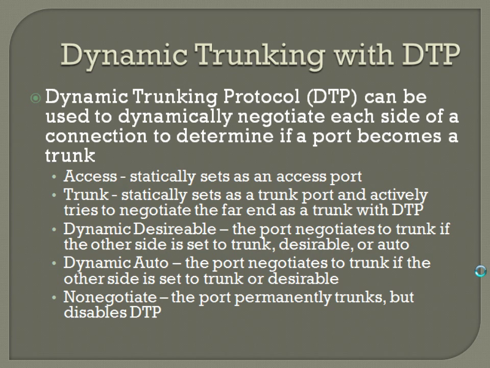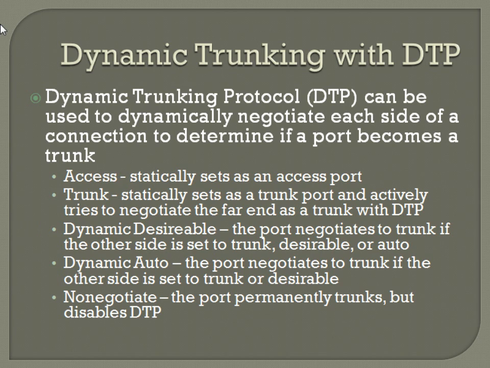So the 5 modes you have are access, first of all, which statically sets it as an access port. It's not even going to take part in any kind of negotiation for possibly trunking that port because it's just an access port. There's going to be an end user device connected directly to it.